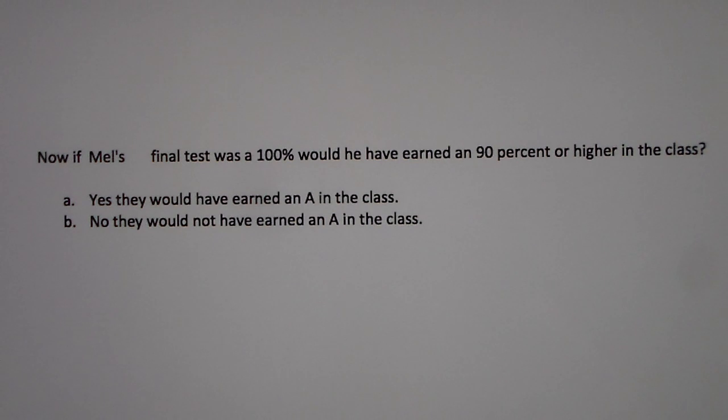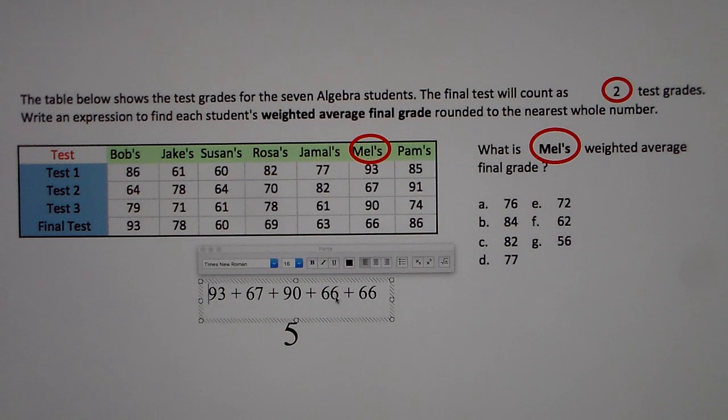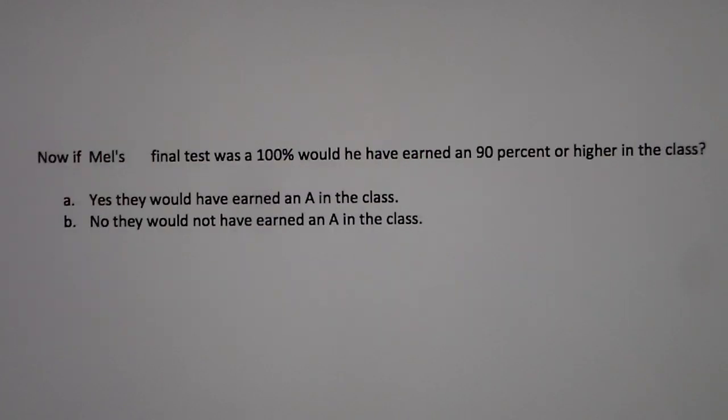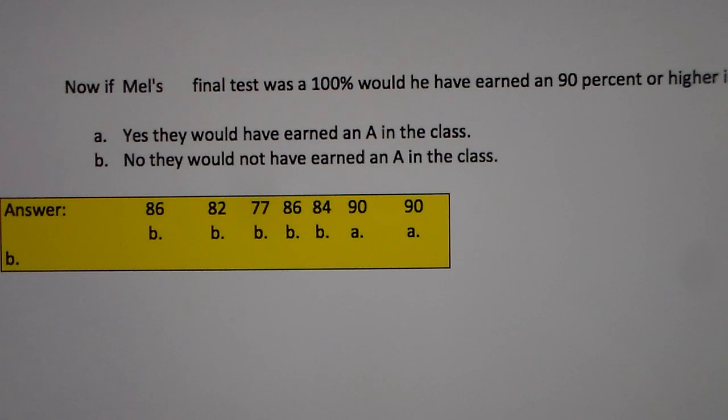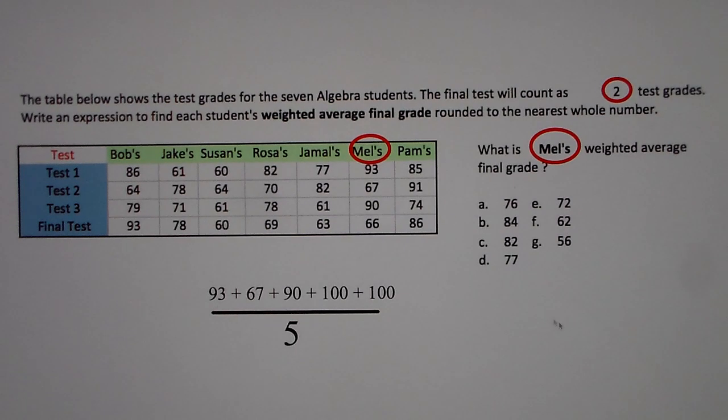Now what if Mel got a 100? Well, I'm pretty sure she'll probably pass. So we're going to just replace those 66s with two 100s. Add up those numbers and then divide it by 5. I bet it's going to be over 90. Let's find out. Let's do that one together, just in case.